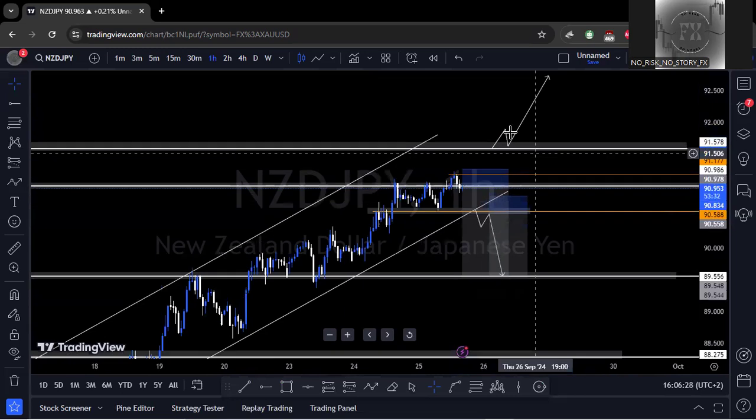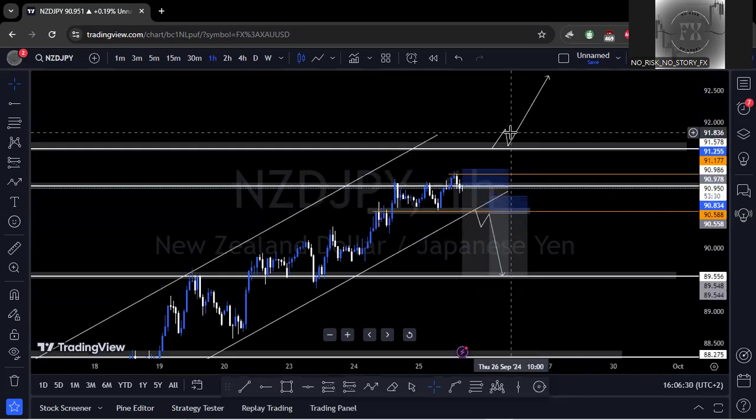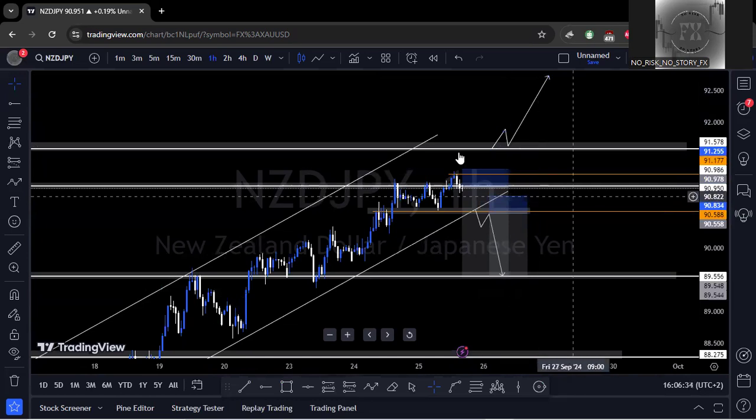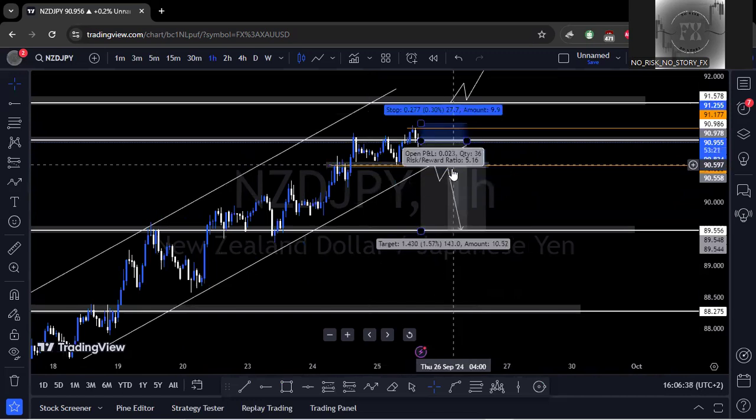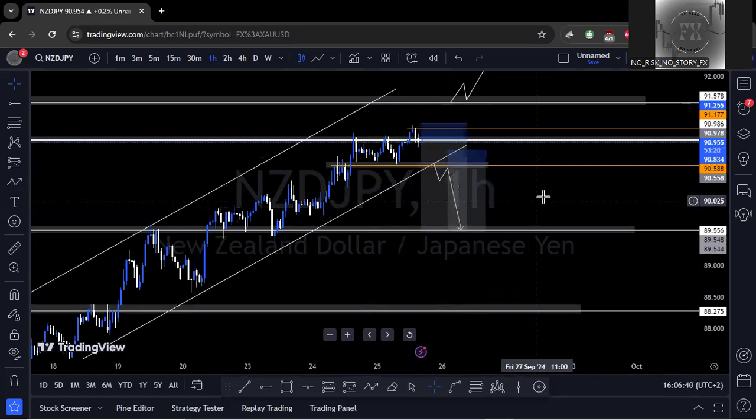Or we just wait for this market to break below this area here to then scalp the sales to the downside.